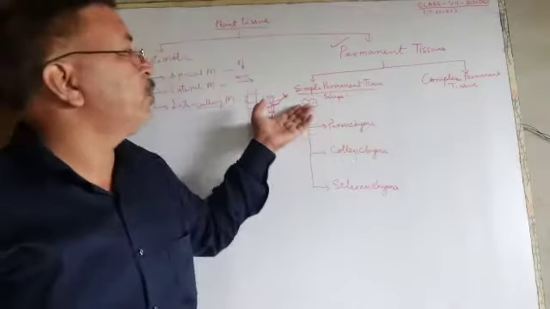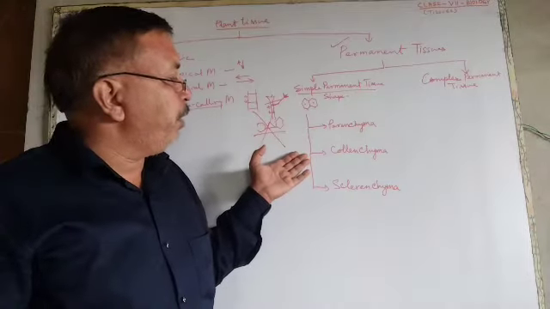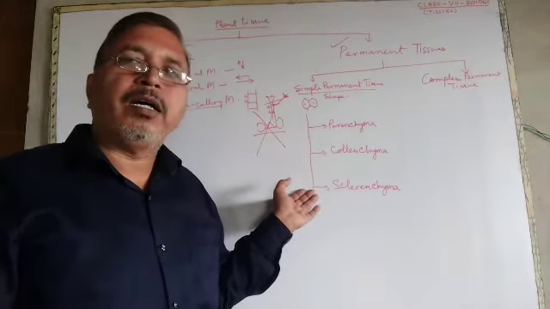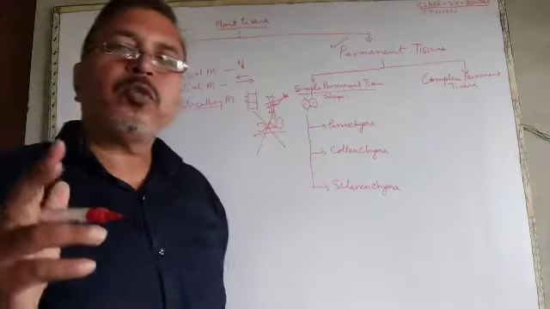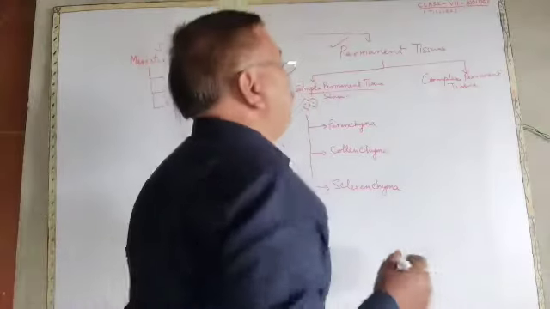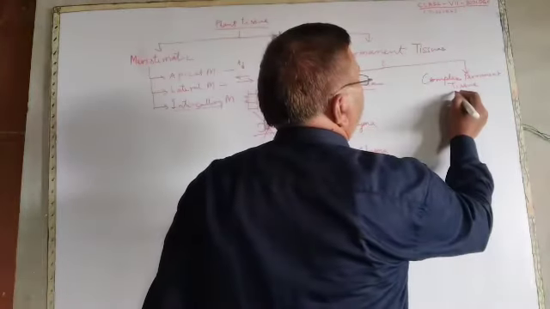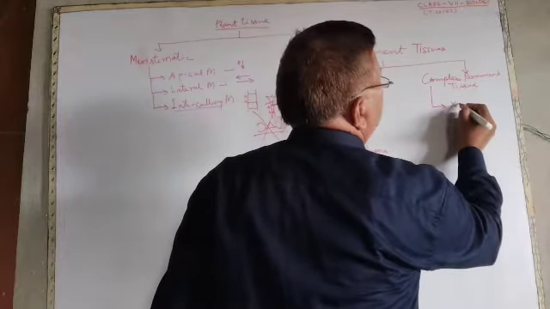So permanent tissue is simple permanent tissue and complex. Simple permanent tissue is further studied as parenchyma, collenchyma, sclerenchyma. And the complex permanent tissue, only two we have to read at your level, and that is xylem and phloem.